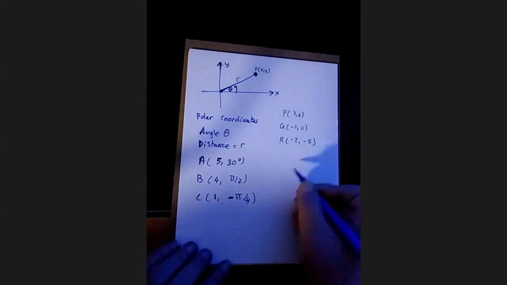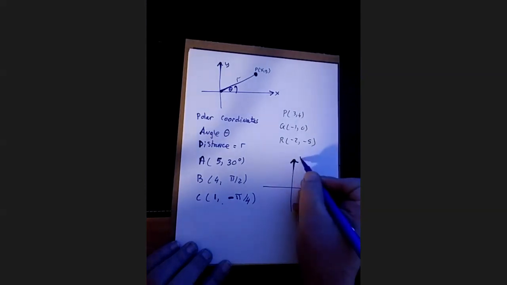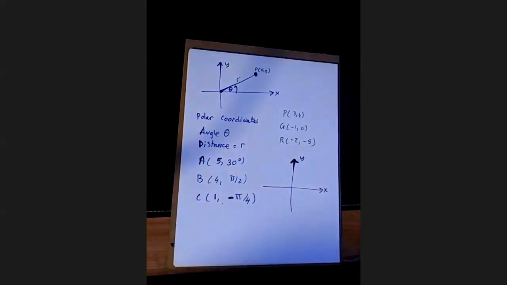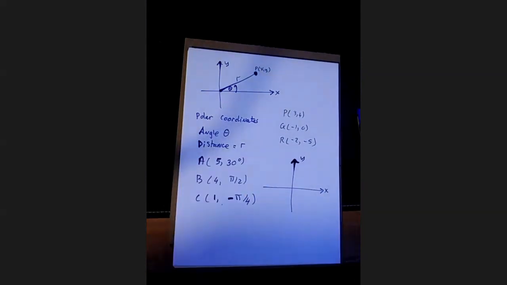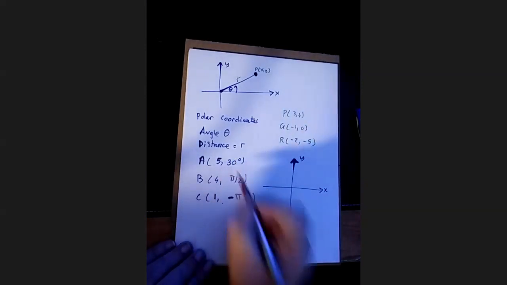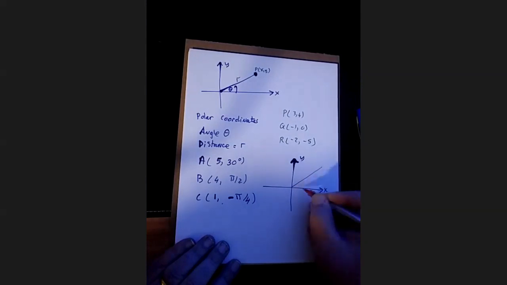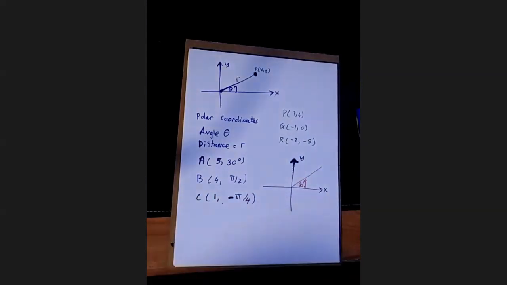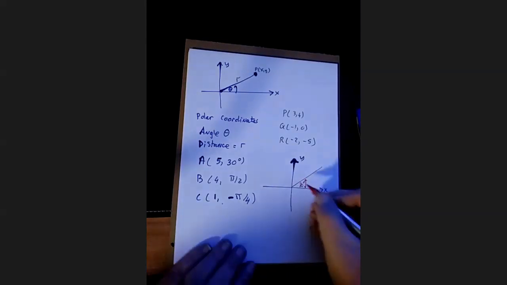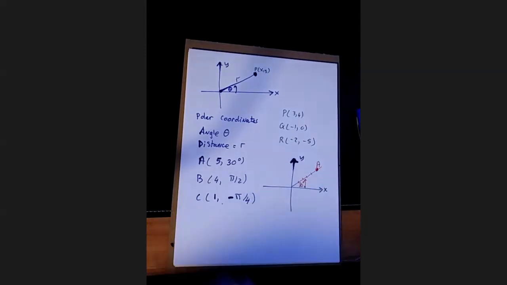I'm not doing this accurately, but at least it's a guesstimate. If I wanted to do 5, 30 degrees, can you imagine that you make a line that has a 30-degree angle with the x-axis, and then you go along this line 1, 2, 3, 4, and you get to number 5, and that's where A would be.